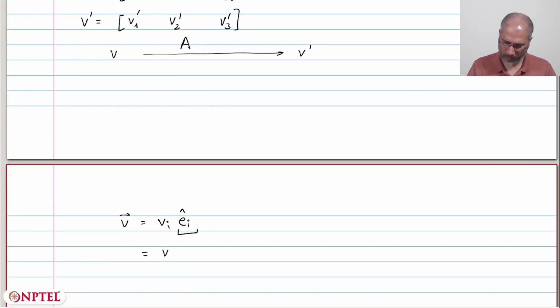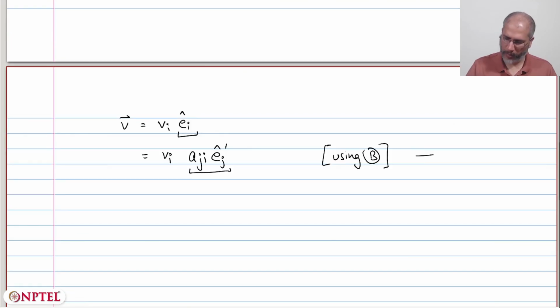So this becomes aji ej prime using B, and we will call this as C.